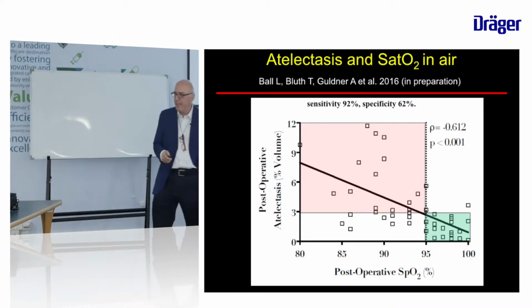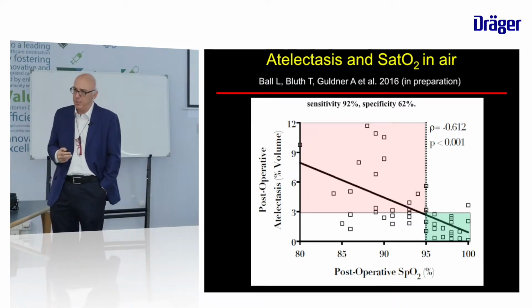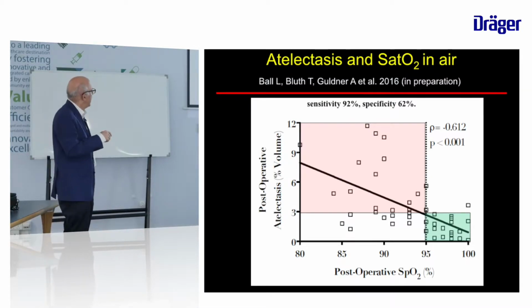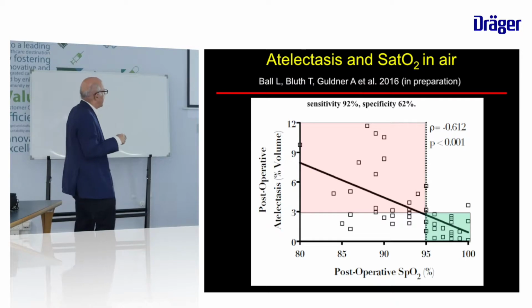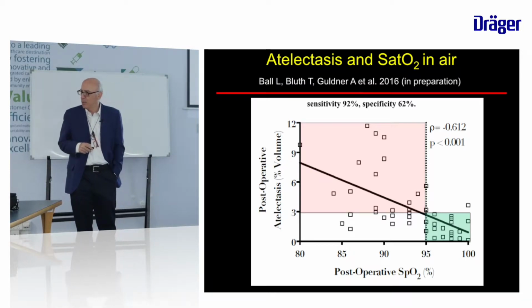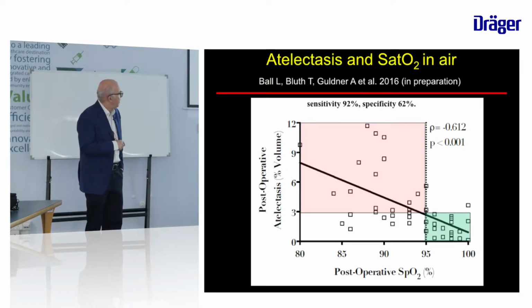This is our data in a large study where we performed magnetic resonance after surgery in patients undergoing open abdominal surgery. You see here the postoperative atelectasis measured quantitatively at the magnetic resonance. It was not an easy study. It was in more than 70 patients. And this is the postoperative saturation in air.